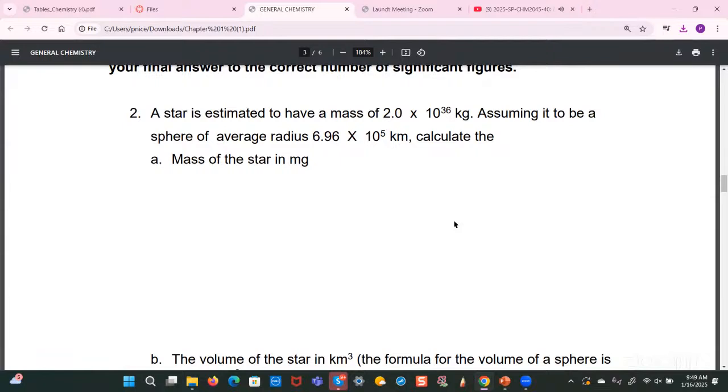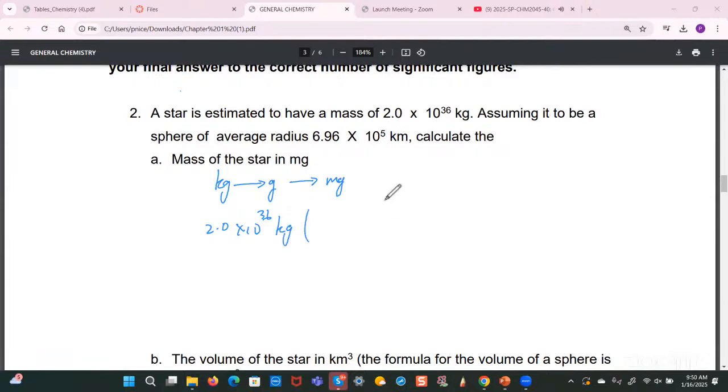We'll put that down because this is a density question. The first question is asking you to calculate the mass of the star in milligrams. So you're going from the mass expressed in kilograms to milligrams. In order to do that, you'd have to first convert from kilograms to grams and then from grams to milligrams, right? So we're going to start off with the 2.0 times 10 to the 36 kilograms.